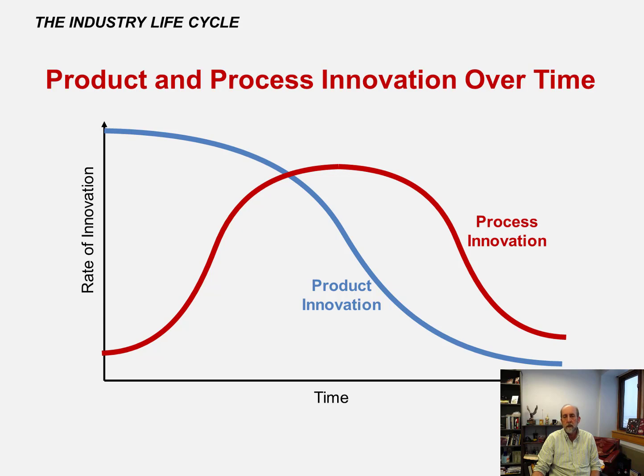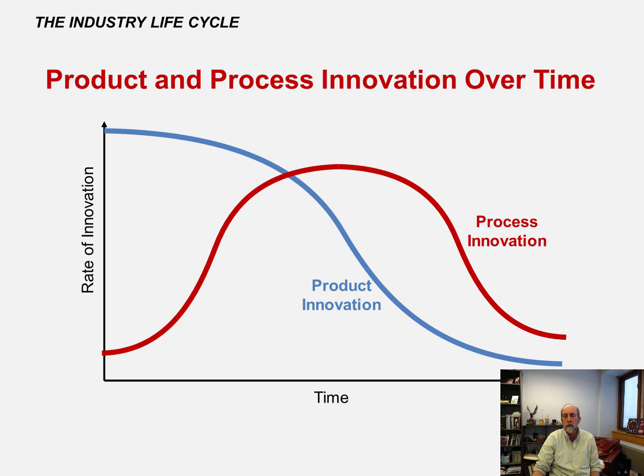And you'll see new product innovation for a while, and then the rate of new product innovation begins to decline and be replaced by increases in process innovation, as firms shift from trying to determine the product to determining how to better make the product to bring price down, etc.